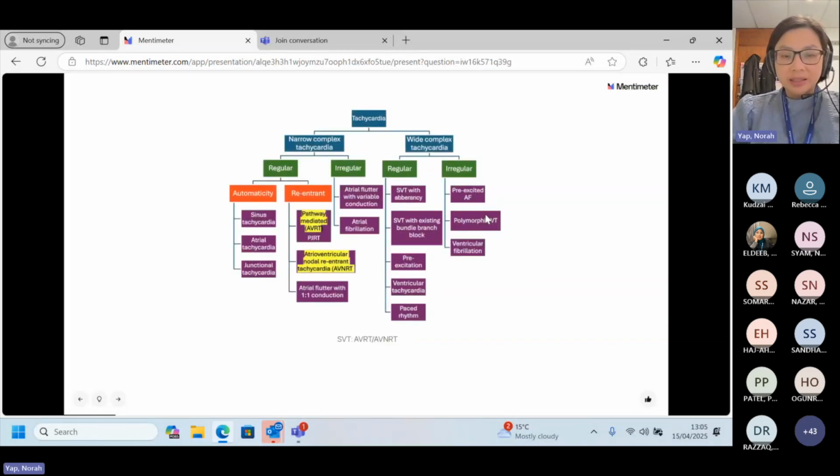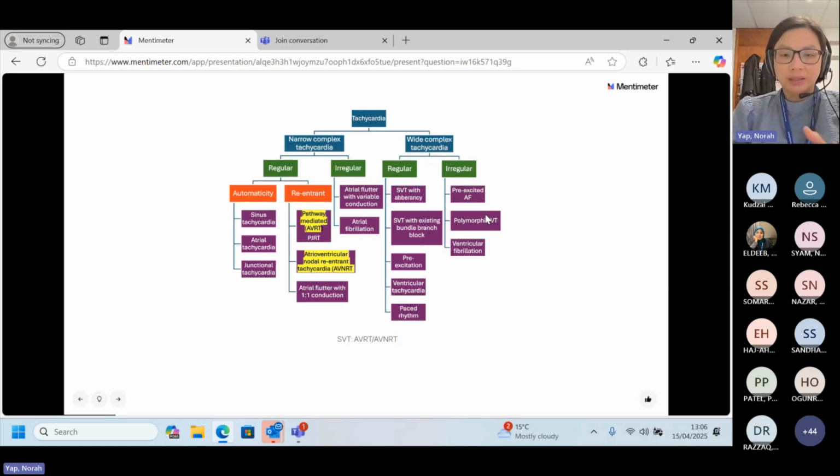Okay, so in this diagram, this is the way I look at categorizing tachyarrhythmia in a child. First of all, you break it down into, is it narrow complex or wide complex, and then after that you look at the regularity of the rhythm.